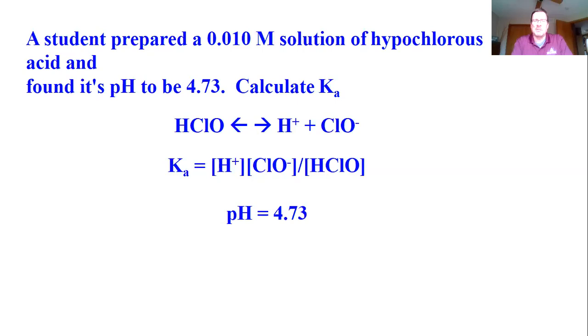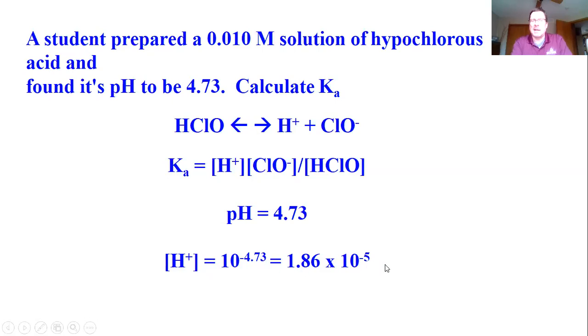And again, we also know the pH. Since hydrogen ion concentration is going to be key here, we use the formulas from our pH work to figure out the hydrogen ion concentration, which, if you remember, is 10 to the minus pH.